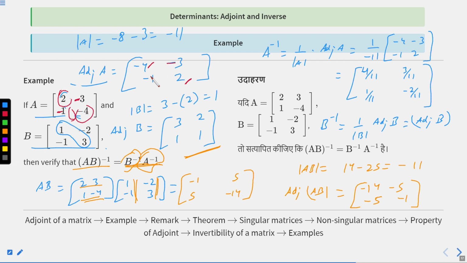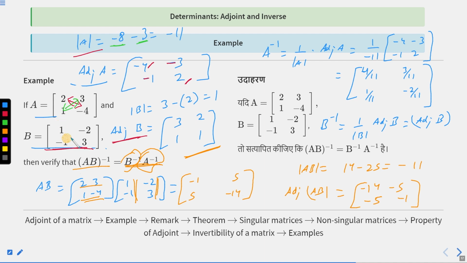As you can see, minus here, minus here, then you can directly get the adjoint of a 2 cross 2 matrix. The same pattern will follow in B to find the adjoint. Now the determinant of A is nothing but like this. Multiply these, then minus multiply these. So this is what I have written: -8 minus 3, you will get -11.